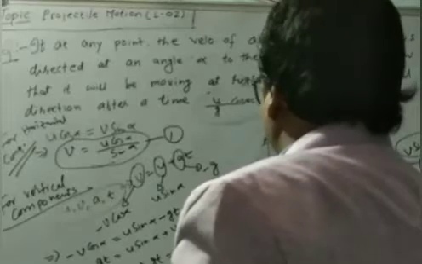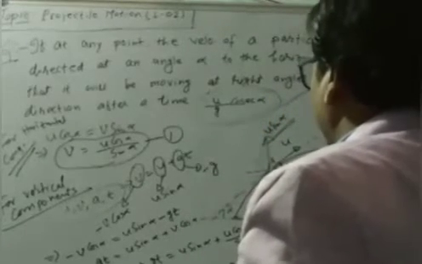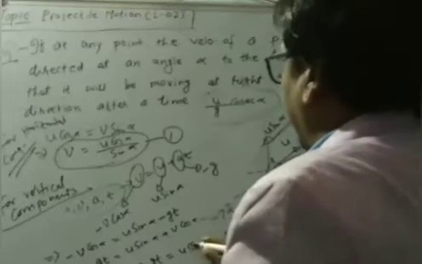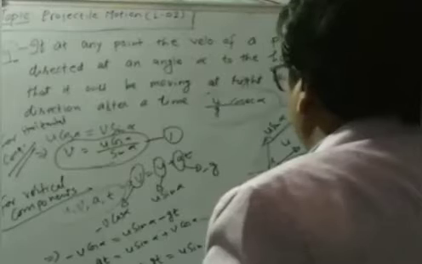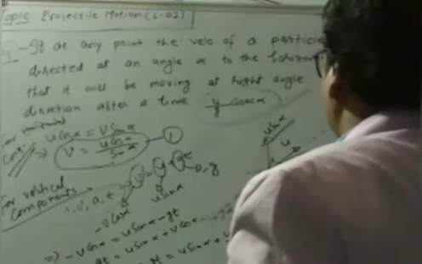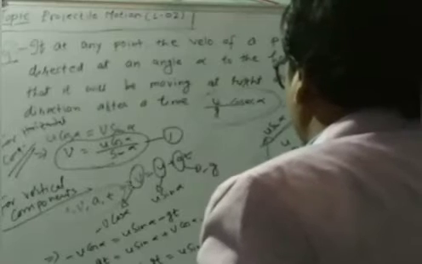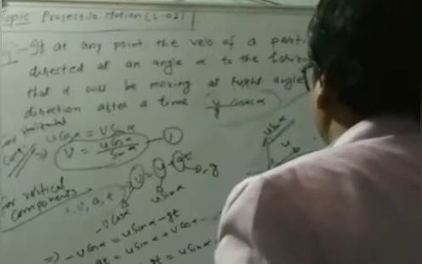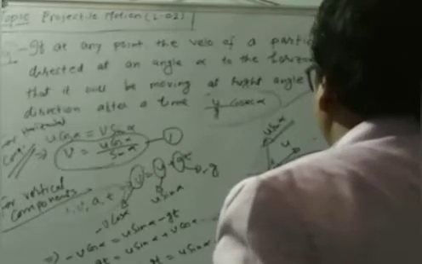So u is common, so LCM is sin alpha, and this is sin square alpha, and this is cos square alpha. Okay dear, so gt equals to u, this is 1 by sin alpha.